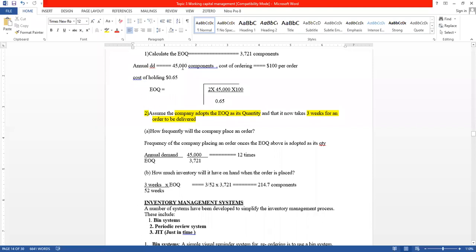If I decide to use the 4.5, then I multiply this by 4.5. Then when I come to the cost of ordering, 100 per order, I multiply by the number of orders. Then the cost of holding, if it is per unit, I also multiply by the units held. But as I said earlier, it is advisable you use per unit.